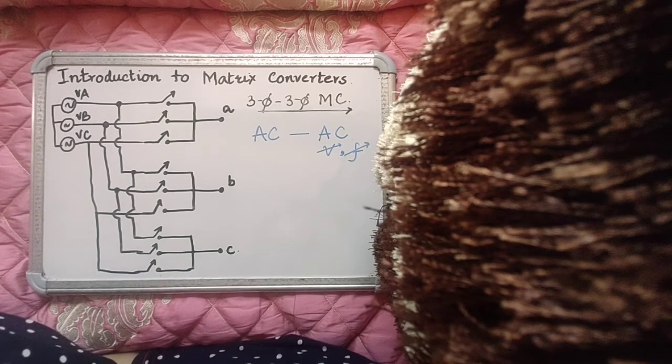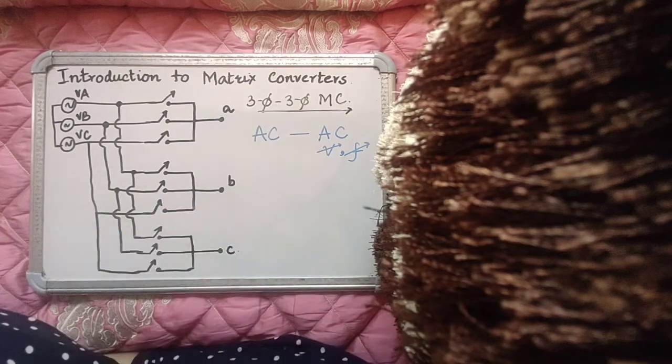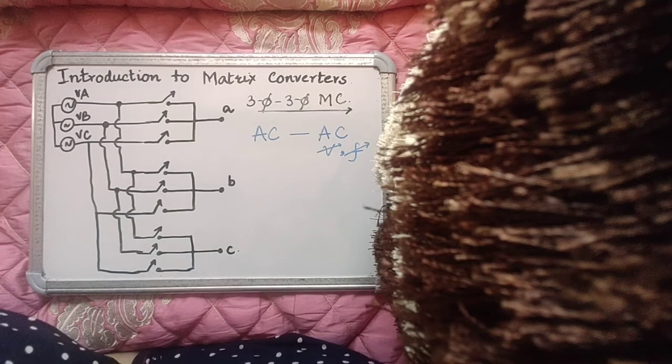Now the circuit shown over here is the circuit of a three-phase to three-phase matrix converter. You have a three-phase AC supply available with a fixed frequency and a fixed magnitude, and at the output, which is small alphabets ABC, you can attain three-phase voltage of any magnitude less than the magnitude of the input and at any frequency.